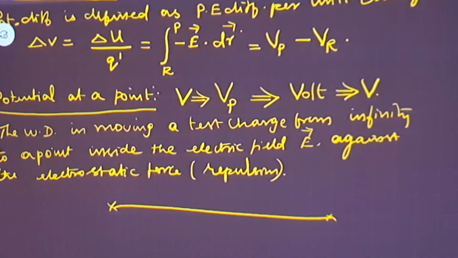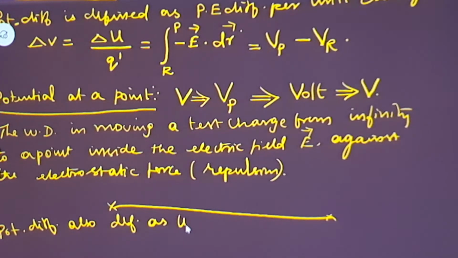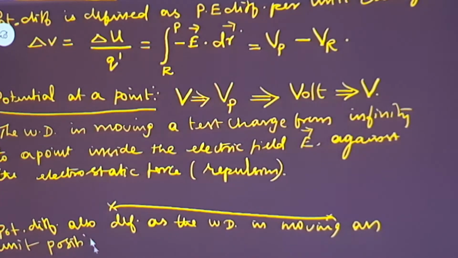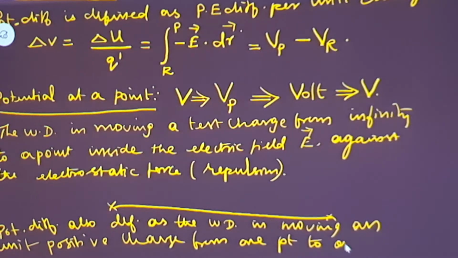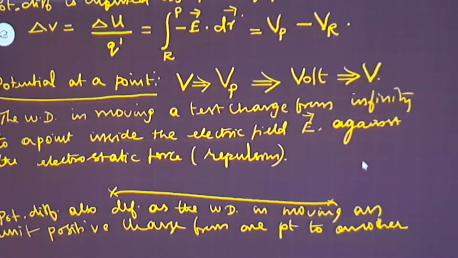Or we can state potential difference is also defined as the work done in moving a unit positive charge from one point to another against electrostatic force of repulsion.